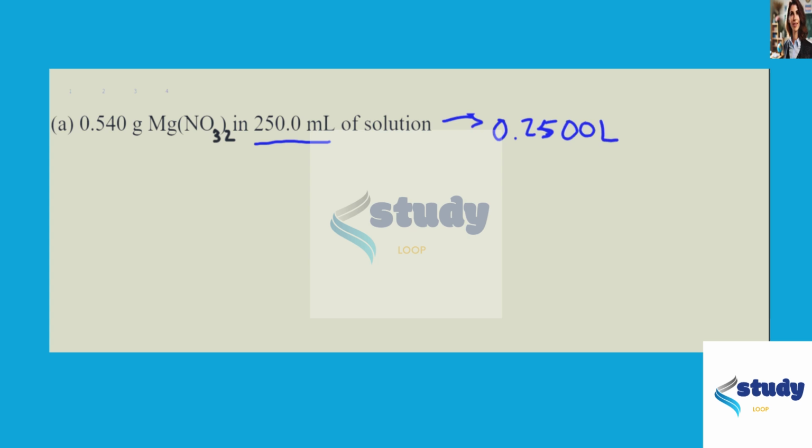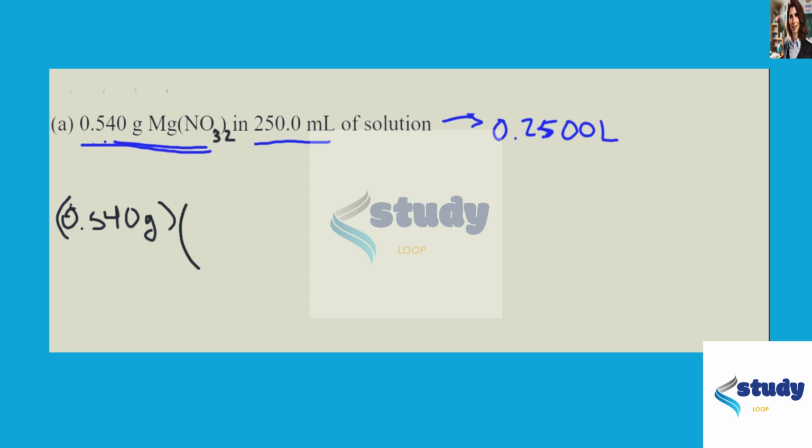And then to change mass to moles, we're going to need the molar mass of magnesium nitrate. So we're going to start with the given mass, 0.540 grams. And we're going to divide that by the molar mass.